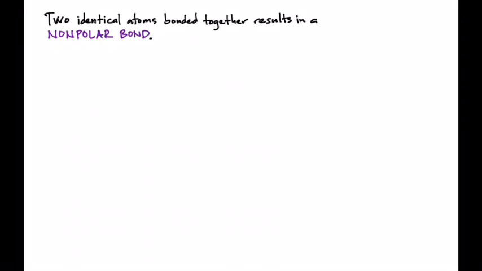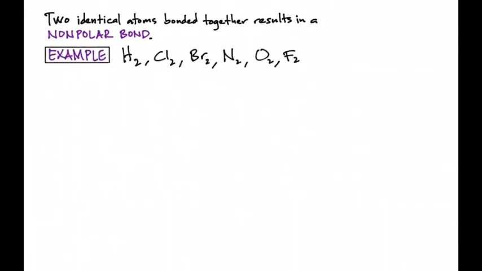So if you have two identical atoms that are bonded together, then you have a nonpolar bond. Okay? So all the homonuclear diatomic molecules like hydrogen gas, chlorine gas, bromine, nitrogen, oxygen, fluorine gas, they all contain a nonpolar bond because there's no difference in their electronegativities.